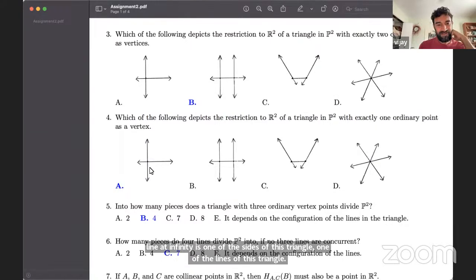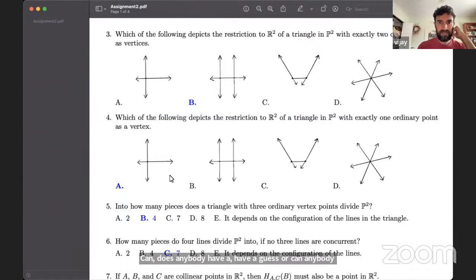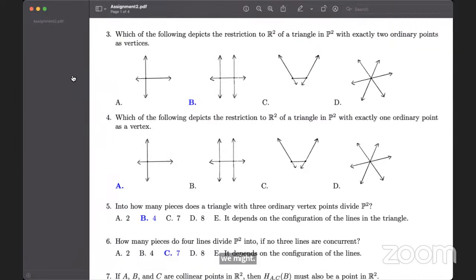So how many regions are there? Let's try and figure that out. Does anybody have a guess, or can anybody explain to me how many regions there are? I guess there are 4 regions here also.